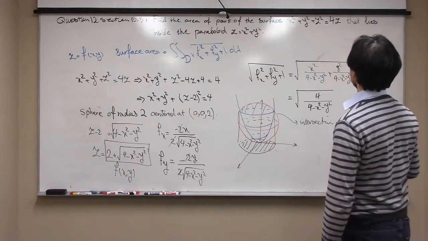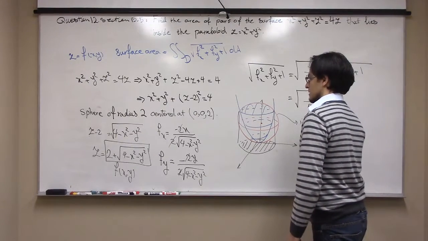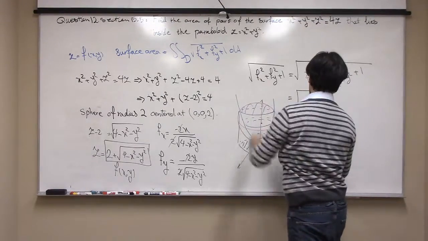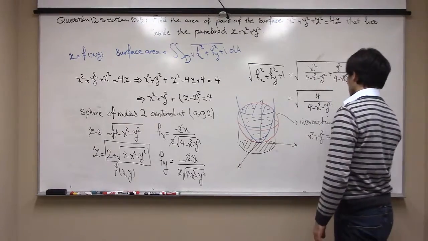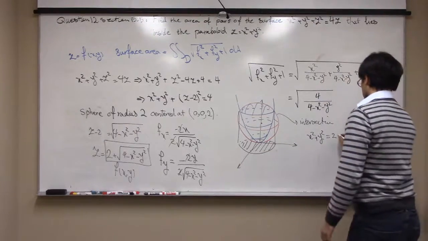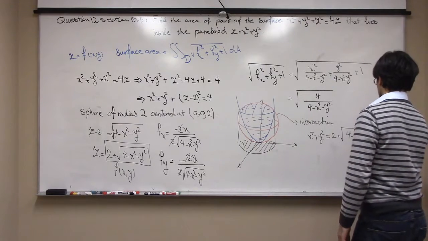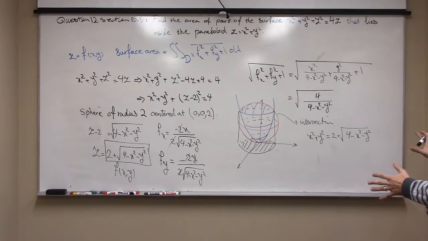So z is equal to x squared plus y squared, and it is equal to 2 plus the square root of 4 minus x squared minus y squared. Now we have to solve this and find the equation for this curve.